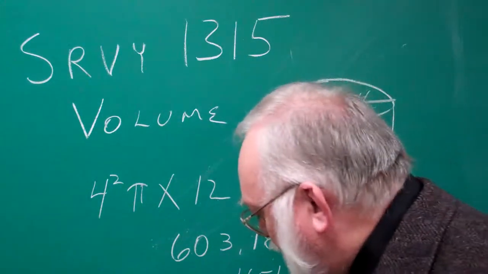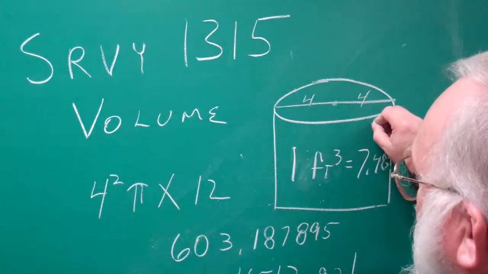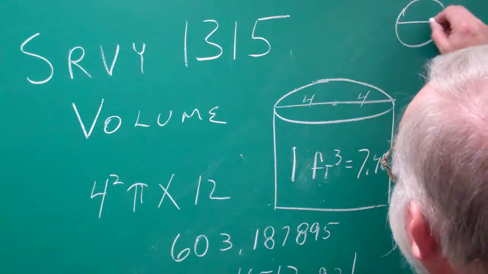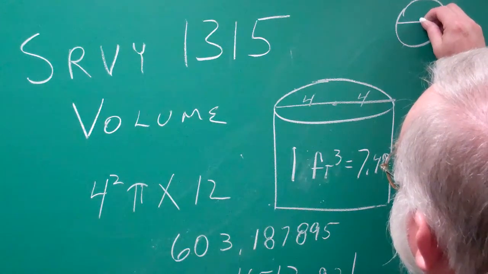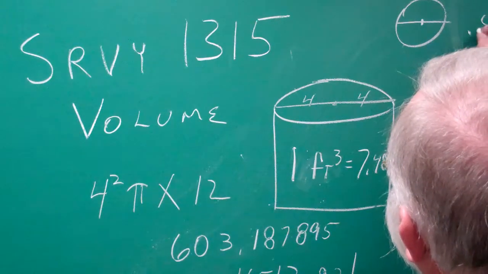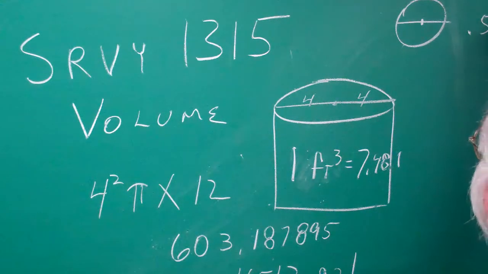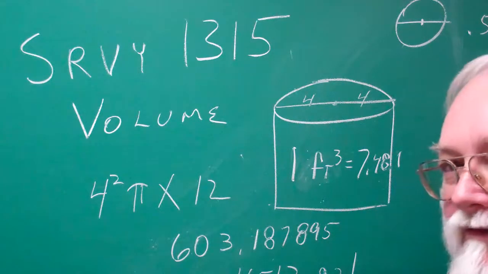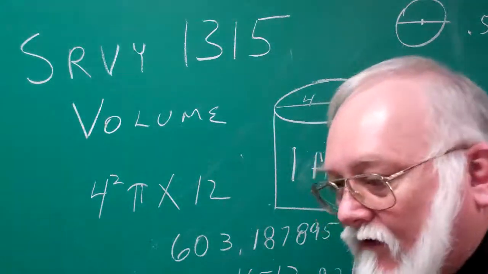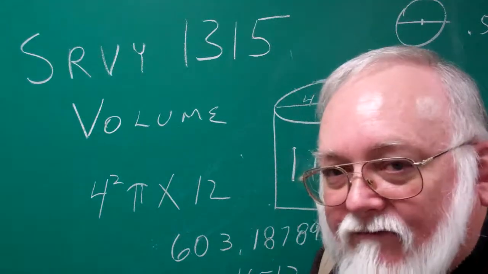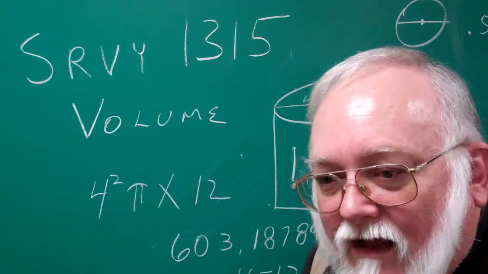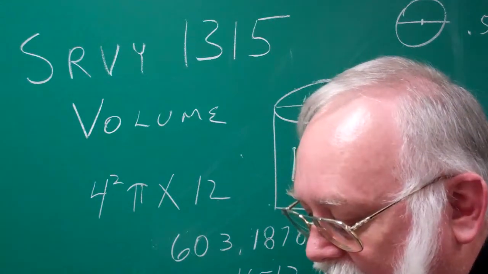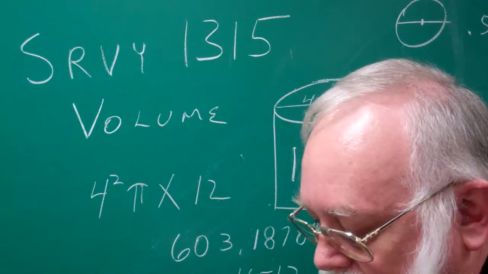Don't make it complicated. The same formula works with pipelines. If you've got a pipeline that's 1 foot across, your radius is 0.5, squared, times pi, times the length of the pipe. So lots of different calculations from the same formulas. That's it on this lesson, and we're going to keep going.